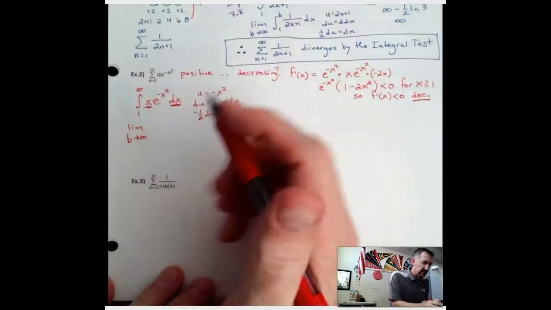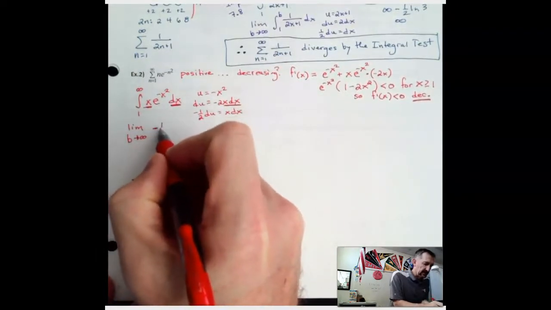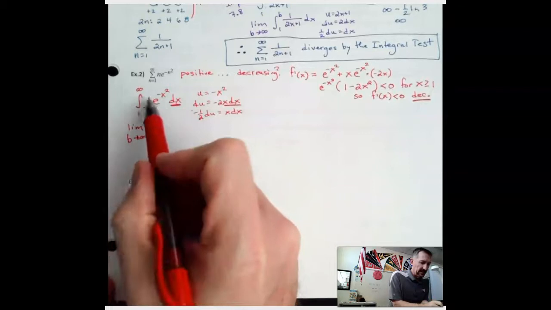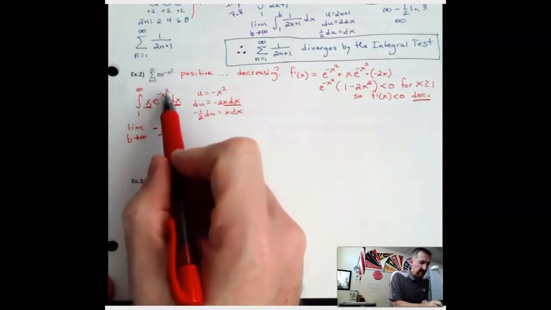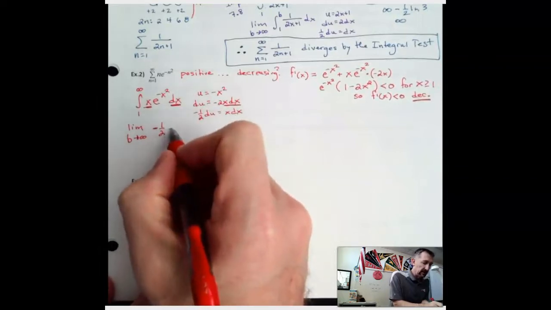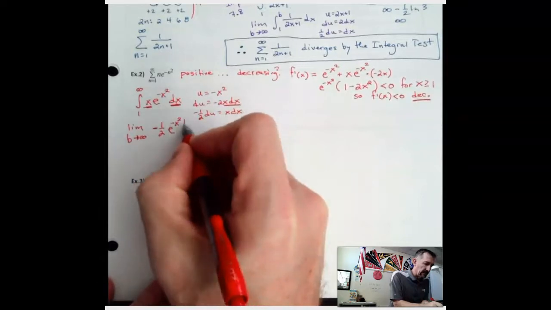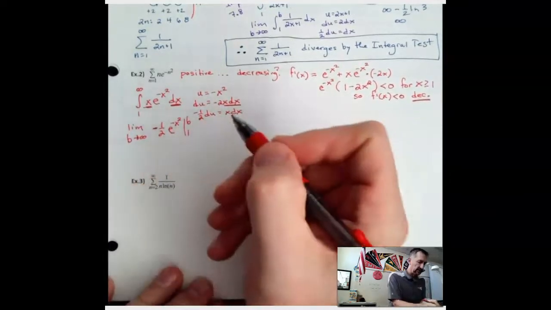So I'm going to just switch it back as I go. So I see that that's going to give us the negative 1/2. And then here, this would all be e to the u, du. So we integrate e to the u, we get e to the u. And then I would put that back in, and this would be 1 to b.